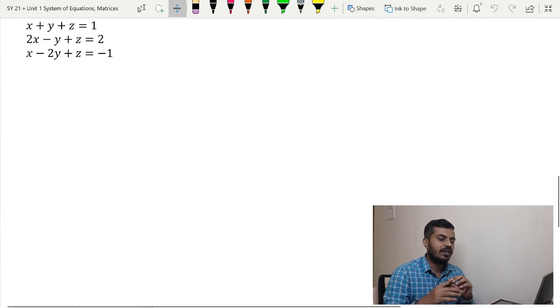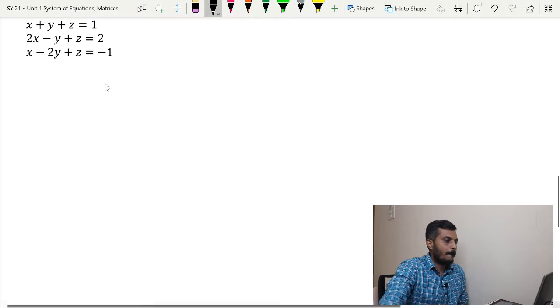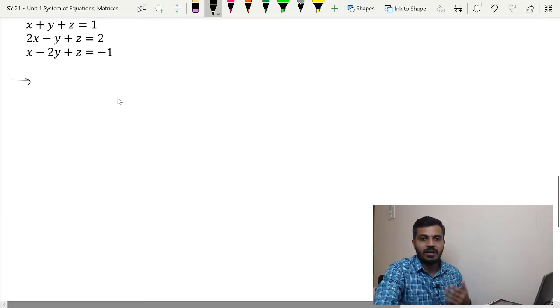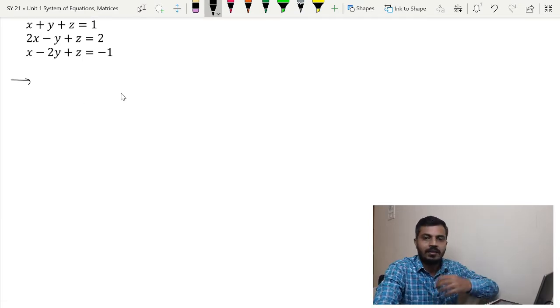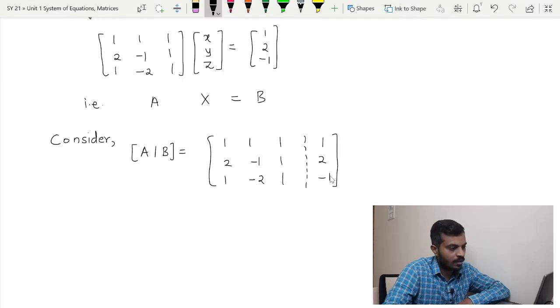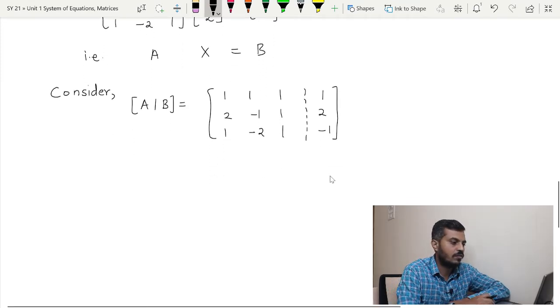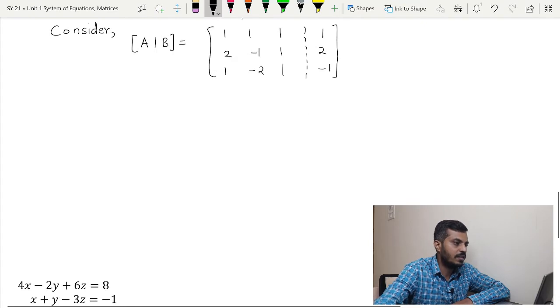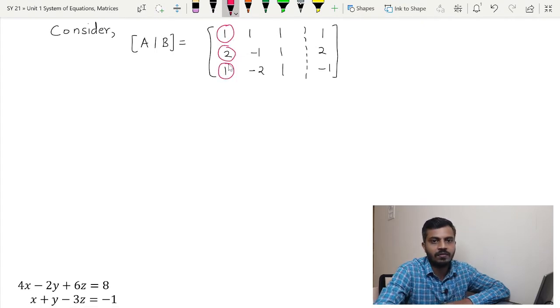Now, since you have already observed the process, first of all I will write this system in the matrix form. Now, we are going to convert it into echelon form. First of all, we will circle the leading coefficients. Actually, it is not necessary to circle the leading coefficients, but since we are beginners in the topic, that is why we are circling them.